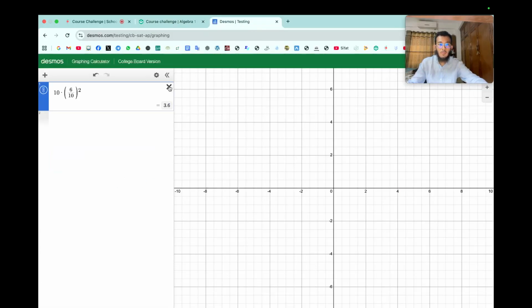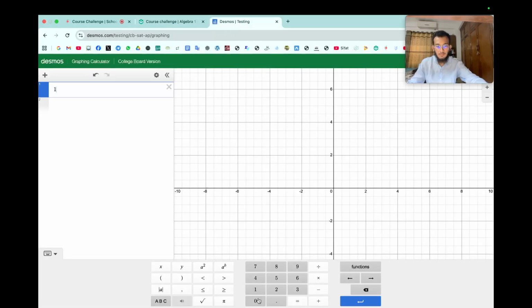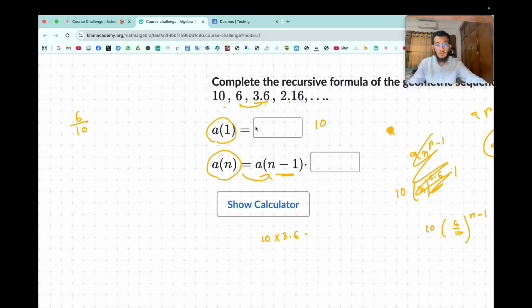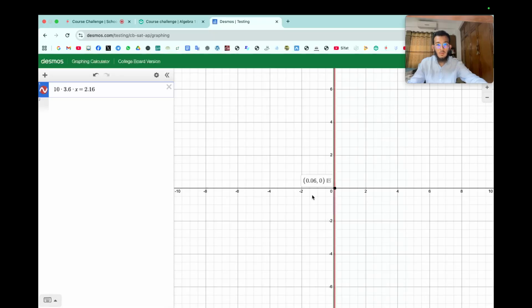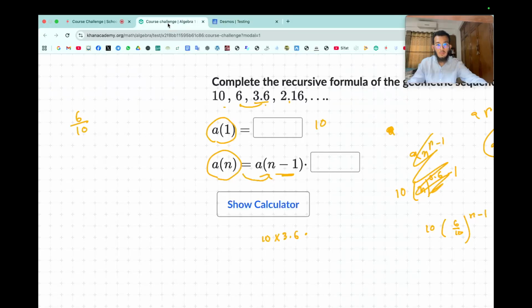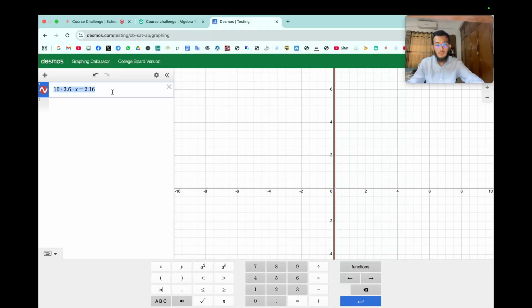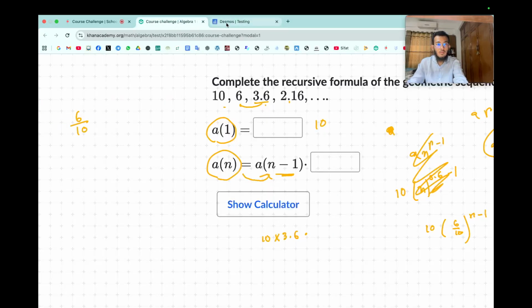So we have 10 times 3.6, which is 36, but we want 2.16, so 3.6 times x equals 2.16 gives 0.6, which means the common ratio, which is 6 by 10.